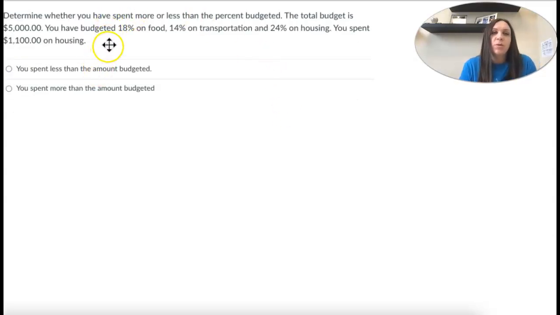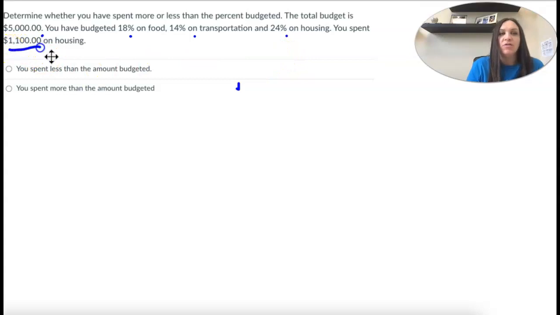Number 2, determine whether you have spent more or less than the percent budgeted. So again, we did one like this in the last section. The total budget is $5,000 and you have 18% for food, 14% on transportation, 24% on housing, and we spent $1,100 on housing. So we're going to go to our housing percentage and figure that.